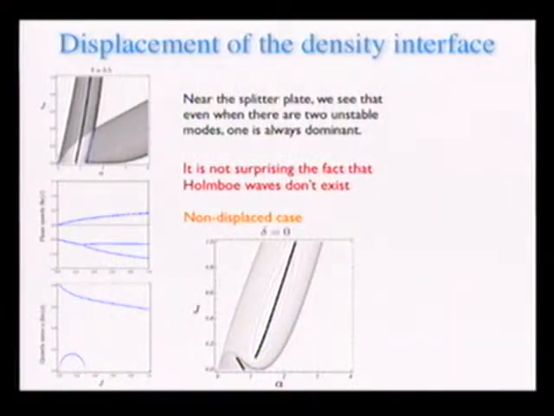So compare this with the non-displaced case. The density increment is still the same, epsilon of the order of 10 to the minus 4. But just because we lowered the density interface with respect to the inflection point of the background velocity, we got something completely different. Here it is discontinuous, so there is a clear distinction between Kelvin-Helmholtz modes and Holmboe.